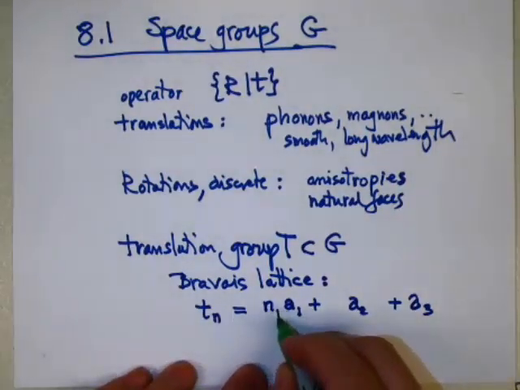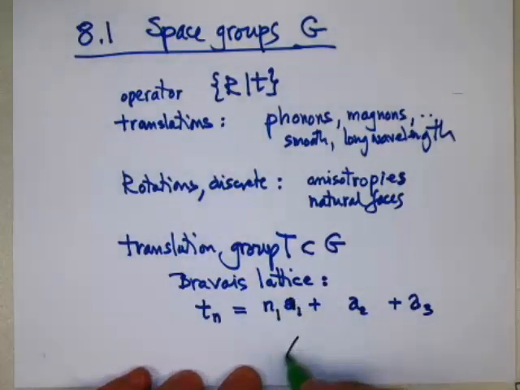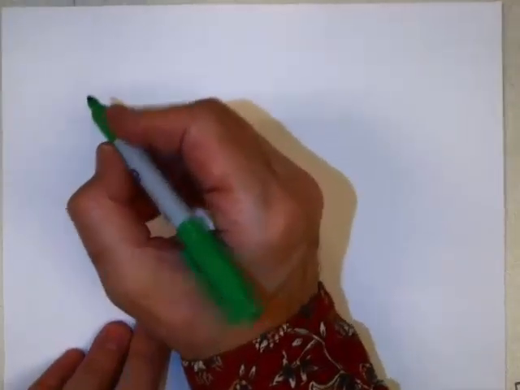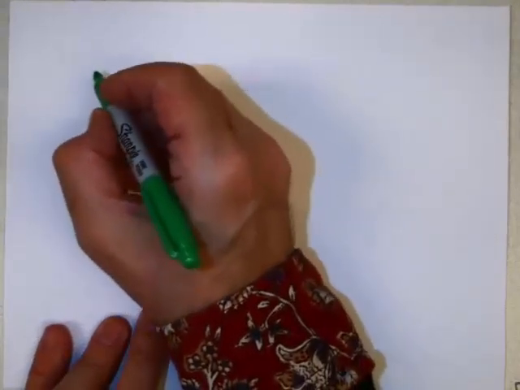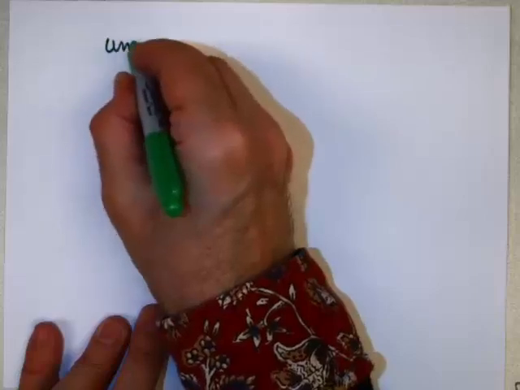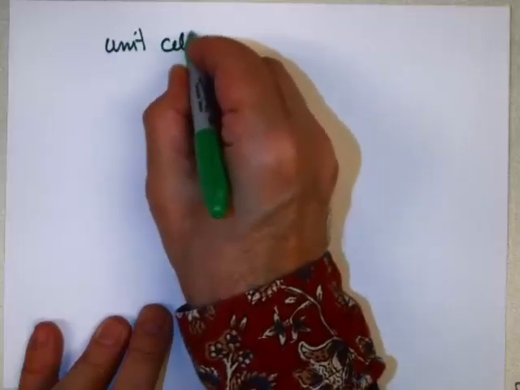And n1, n2, n3 is a triplet of integers that tells you how far we have to go from the origin to get to that point. Now this Bravais lattice gets specified by interatomic spacing, let's say a, b, c, the translations you have to go in 3 directions, and then you have to specify in 3 dimensions the 3 angles between the vectors.